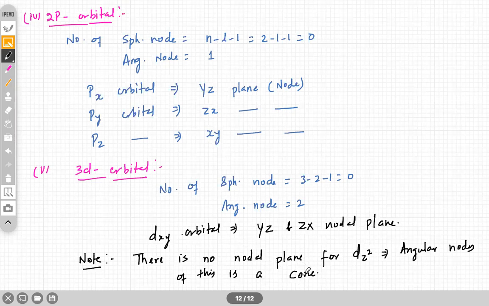Like I said, it's a complex shape, and hence we do not represent the angular nodes there. Correct. So these are the things you should keep in mind for nodal planes. They'll ask a very direct and simple question. It's not much difficult, you won't lose marks over here. Okay, now one kind of question that I have already told you, graphical questions, how they ask. Okay, another type of question.